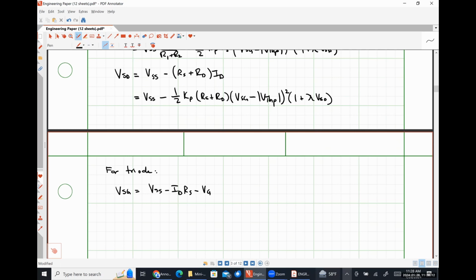Substituting in our relationships for VG and ID, this becomes VSS times R1 over R1 plus R2 minus KP RS times (VSG minus the absolute value of VTHP) times VSD minus 1/2 VSD squared.